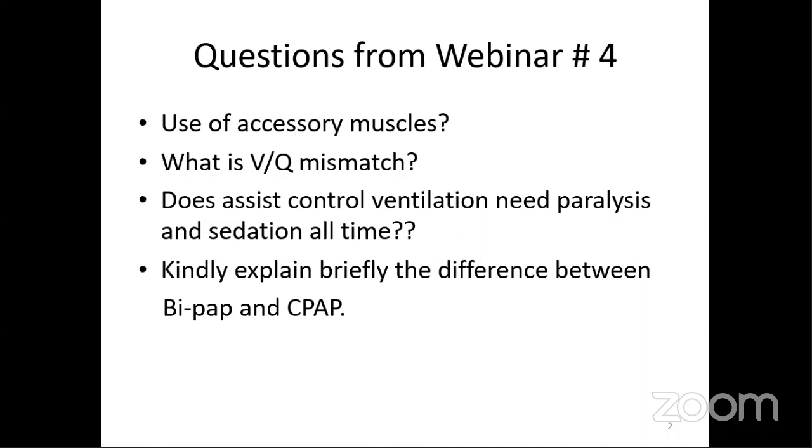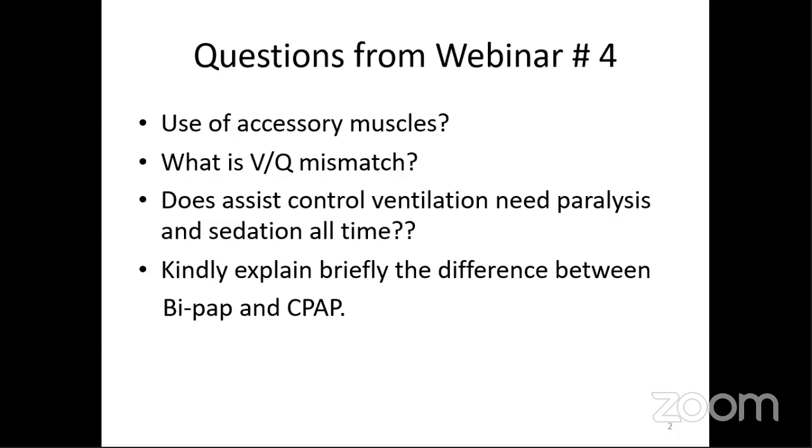That is what is known as VQ mismatch, and it is much more exaggerated in disease states. The result is that your oxygen level drops. I hope that answers the question. If not, please place it in the Q&A again, and we'll try and answer it again.